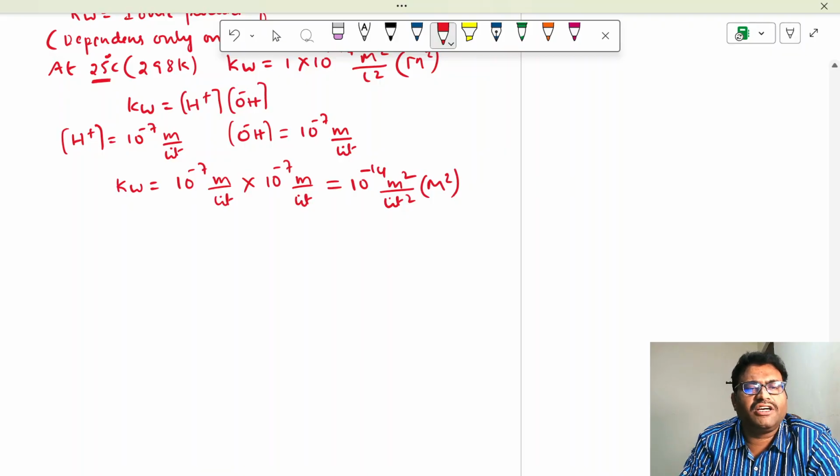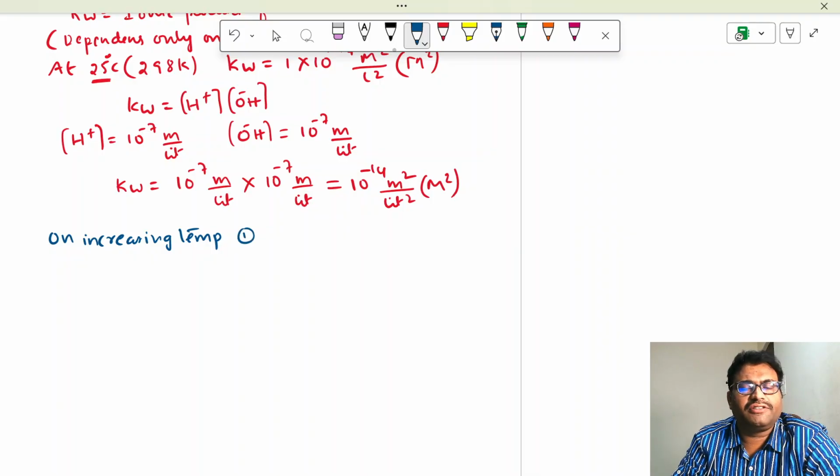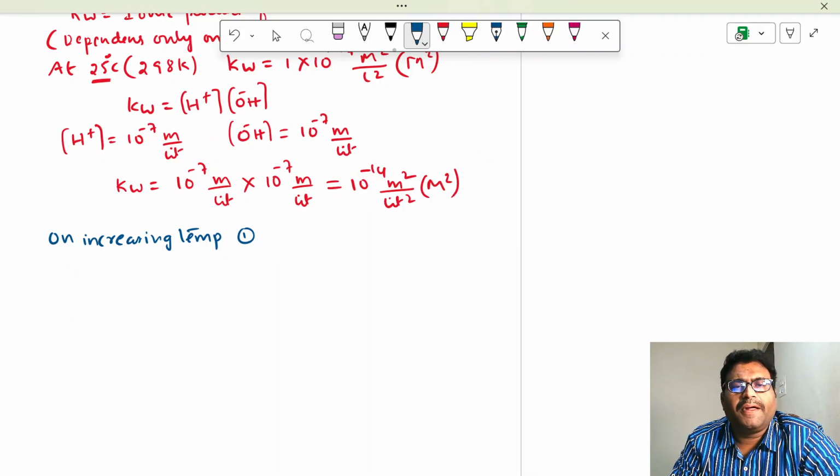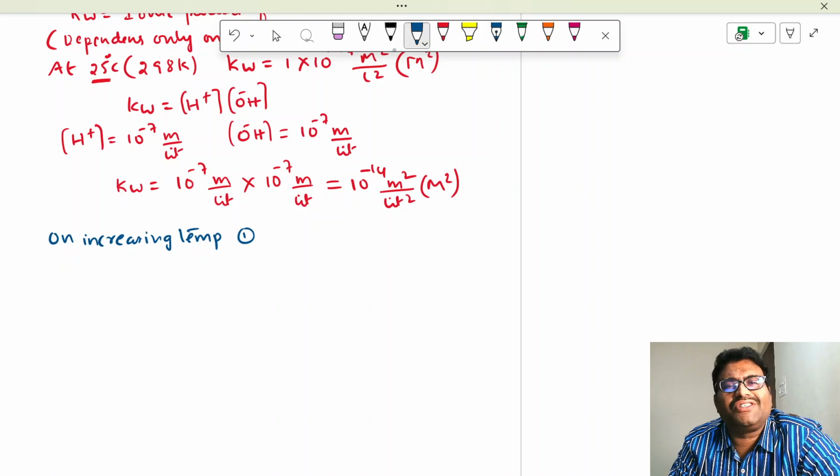Now you will be asked, on increasing temperature, what happens? When you increase temperature, the bond between H plus and OH minus weakens, that means more water molecules dissociate.